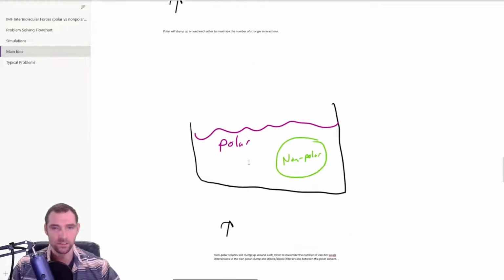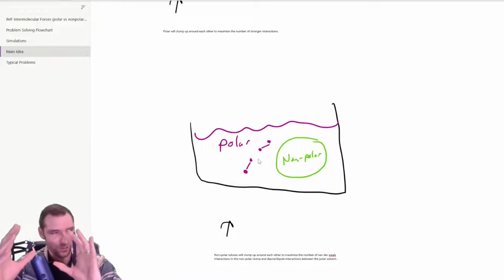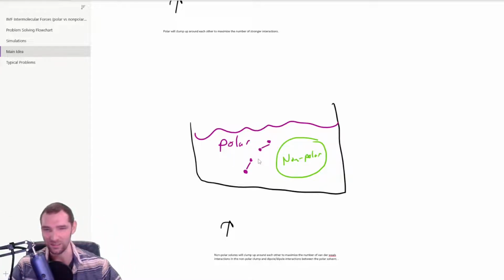And vice versa, nonpolar things, they'll kind of block the spots. If you have like this polar thing and it wants to interact with this other polar molecule, you don't want some nonpolar thing blocking the way. So what ends up happening is these nonpolar molecules end up just getting pushed all into one corner, essentially, where they're not interacting with all the polar stuff.